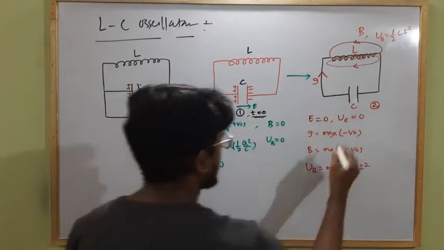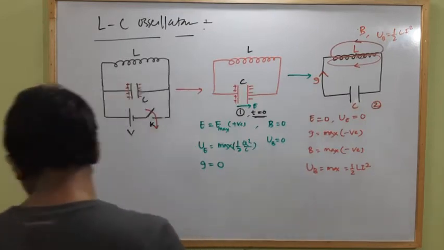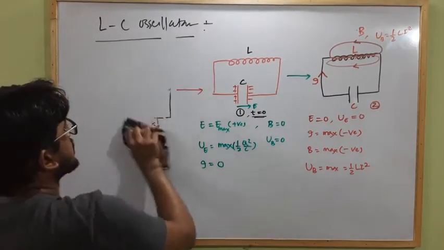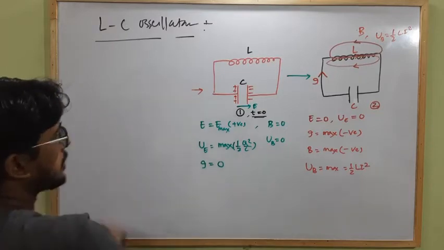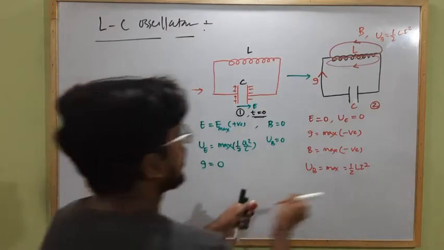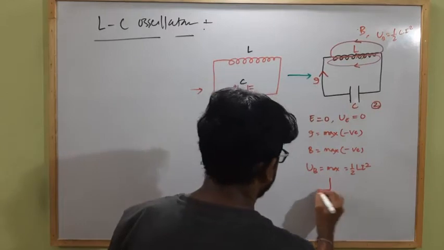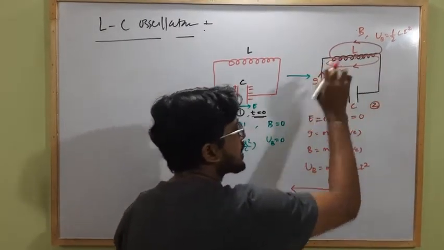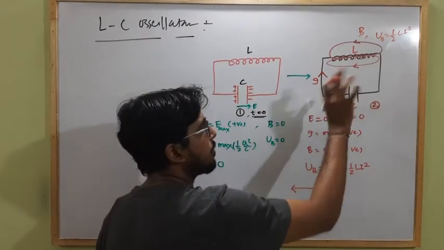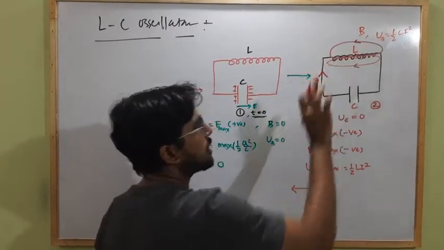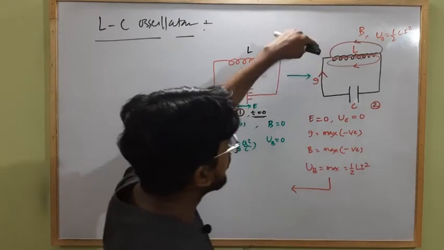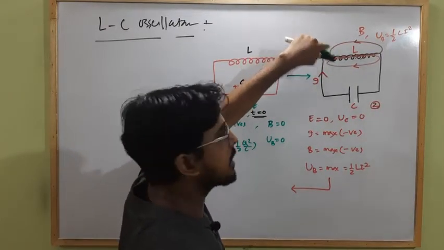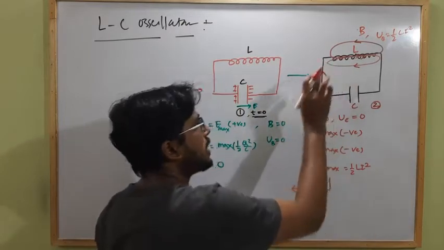Next, what will happen after this condition? Again the current through the circuit starts decreasing because the capacitor is completely discharged, so the current gradually decreases. But due to the property of the inductor, known as self inductance, it always wants to oppose the change in current.